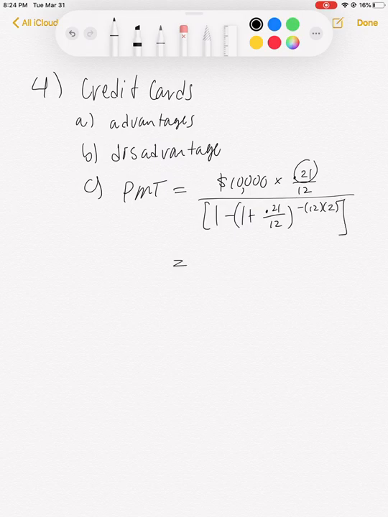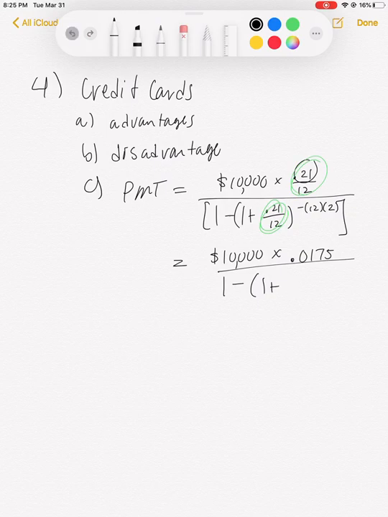Okay. All right, so first I'm going to calculate this and this. 0.21 divided by 12 gives me 0.0175. So we're going to do 10,000 times 0.0175. I think that's an exact number. 1 minus 1 plus 0.0175. I'm just going to go ahead and write my 1.0175 to the negative 12 times 2 is 24.